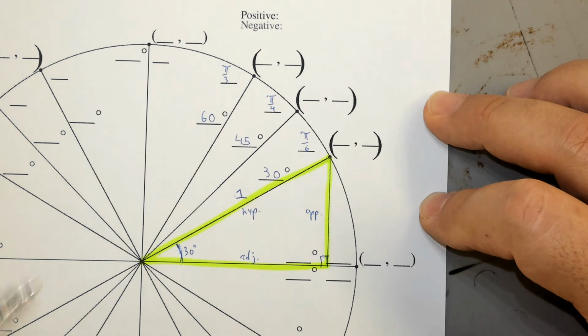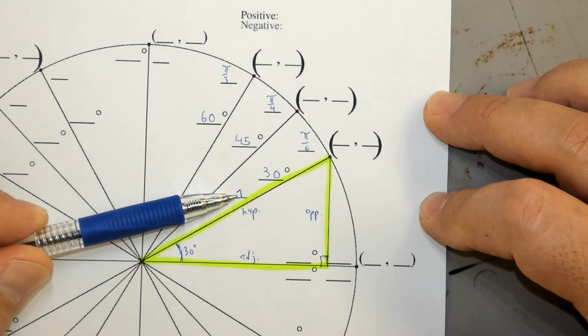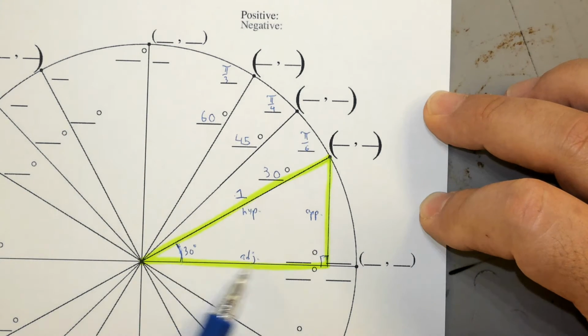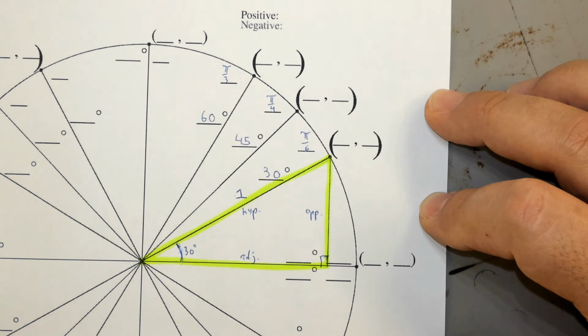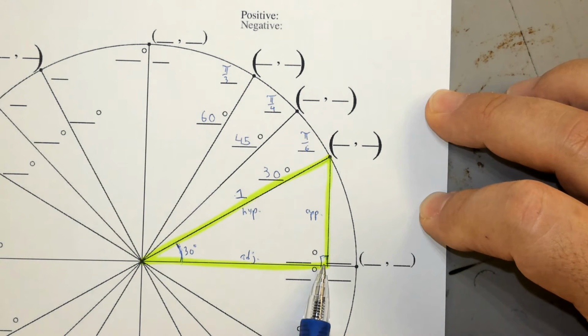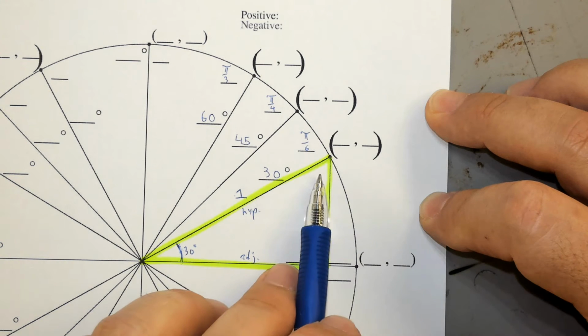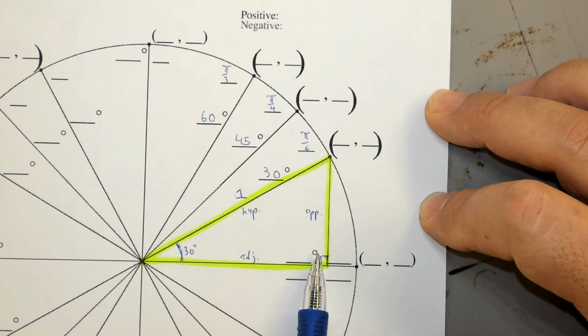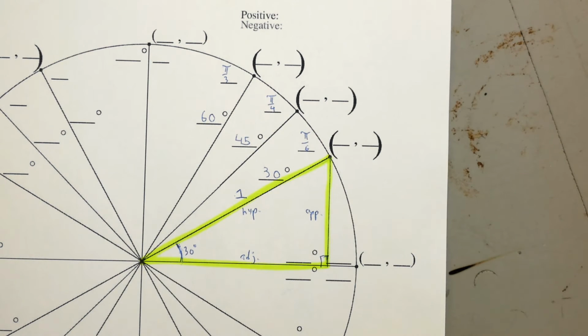Okay? Now, knowing this here, we could find this side and this side by realizing a few things. First of all, if this is 30 degrees and this is 90, and remember, all interior angles of a triangle have to add up to what? 180, right? 180 degrees.